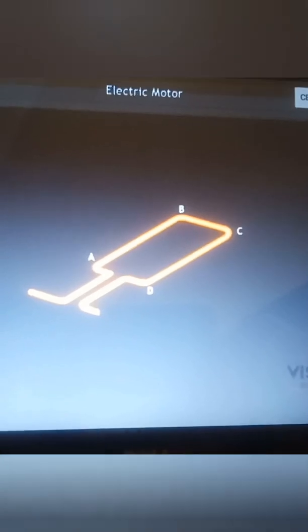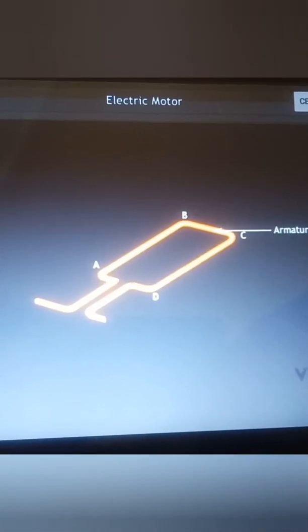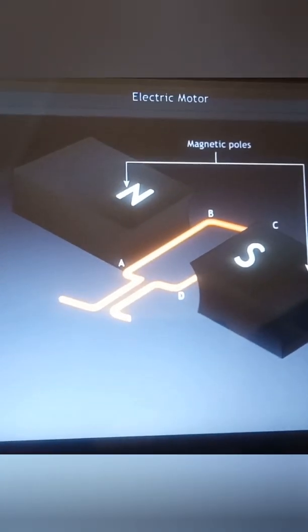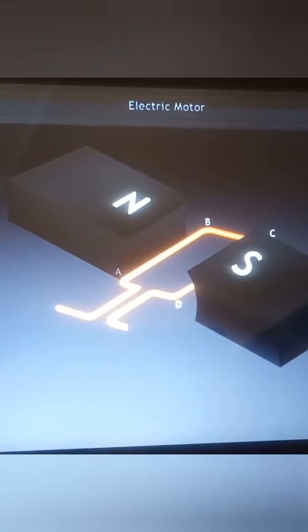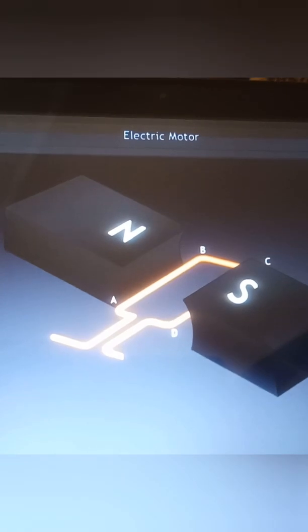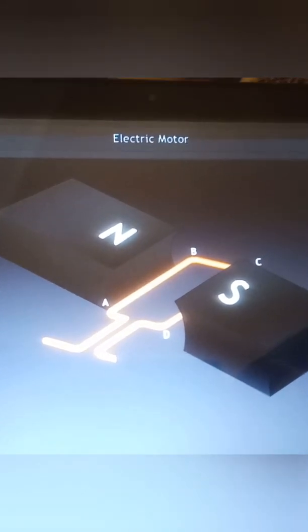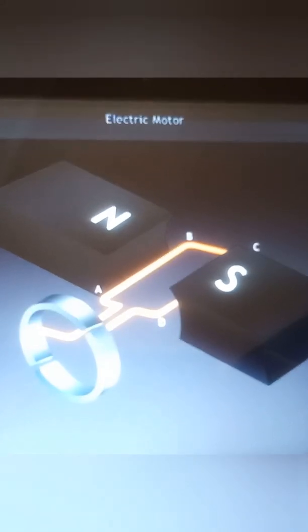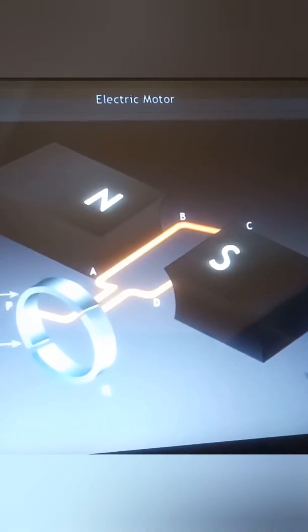You can see the rectangular coil ABCD of insulated copper wire which is placed between the two poles of the magnetic field such that the arms AB and CD are kept perpendicular to the direction of the magnetic field, that is from north pole to the south pole.